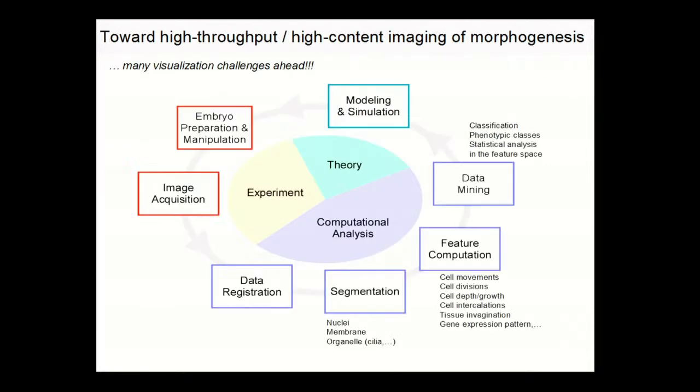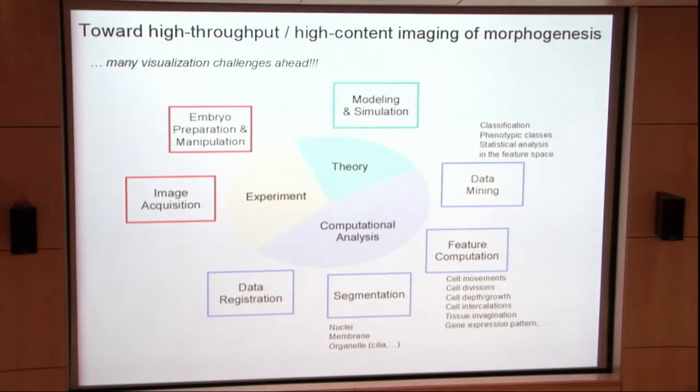So we are going toward high throughput and high content imaging and analysis, and it raises a lot of visualization issues. If we are inspired by what is done in cell biology, we can follow the same kind of workflow for analyzing this data: from the imaging acquisition to the analysis using data registration, segmentation, like nuclei, as I showed you, and feature computation.